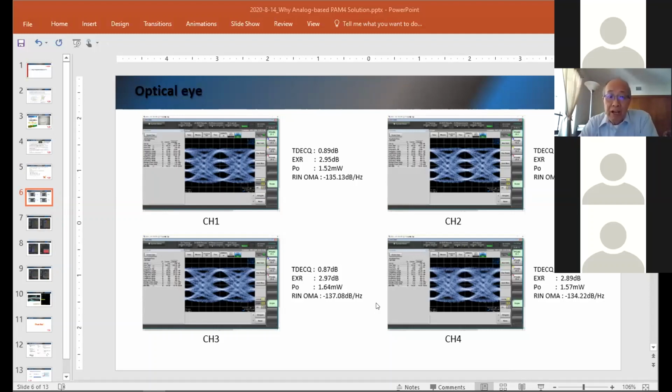Normally, for a DSP-based 400G transceiver, it's about 2 dB or so. So you can see this is below 1 dB. You can see the big opening on the 4 channels, 1, 2, 3, 4. And the power is there, and the extinction ratio is better than 2. The spec is 2. So this is a very good result.